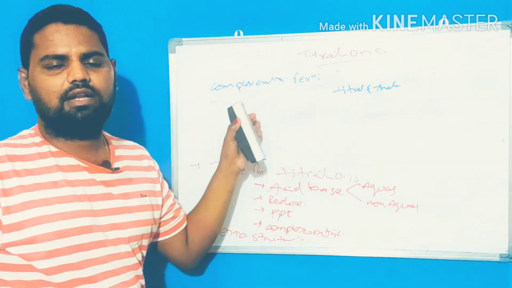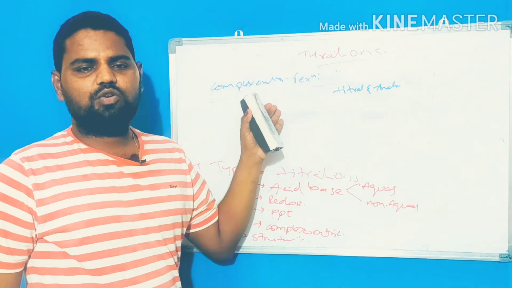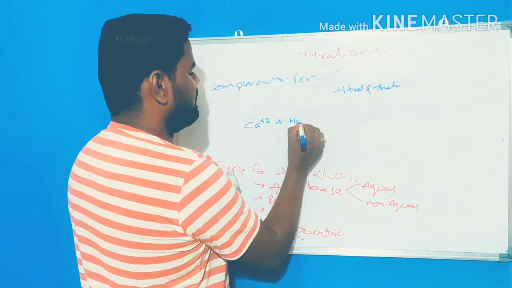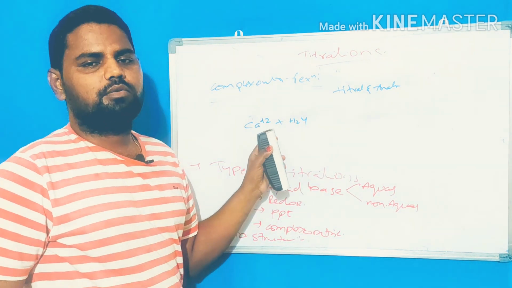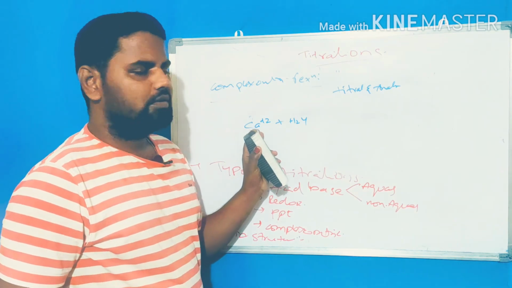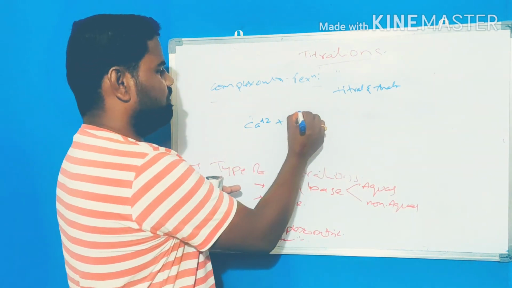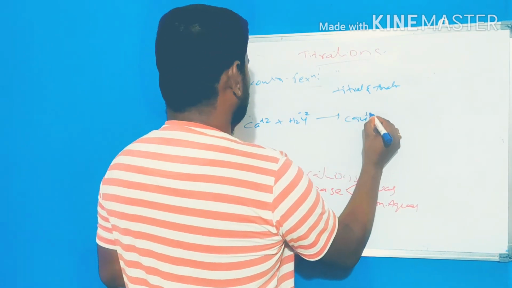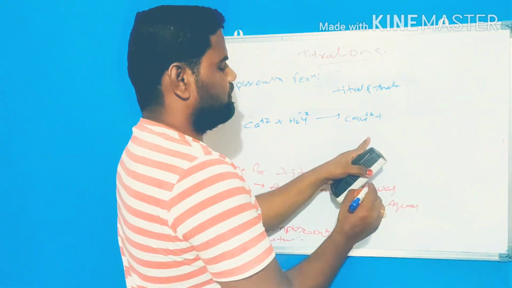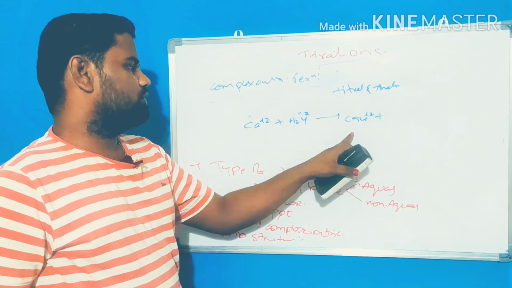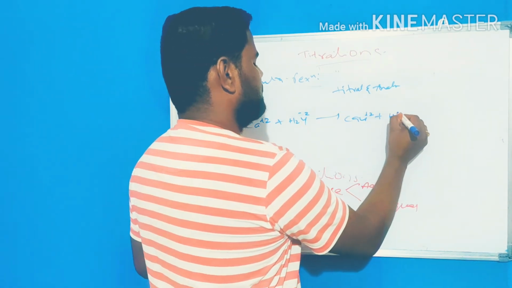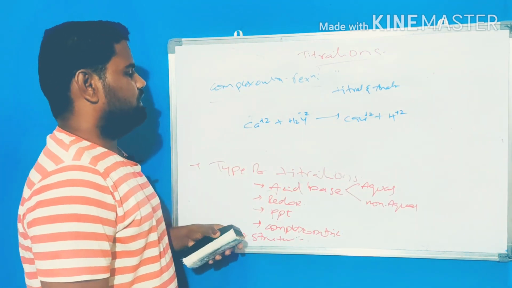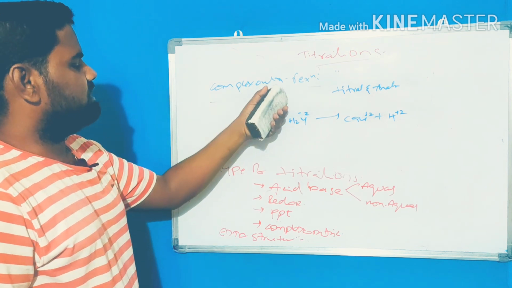Example: Ca2+ plus Y4- gives CaY2- plus 2H+. This is a complexometric titration.